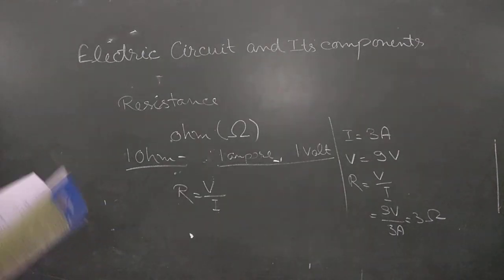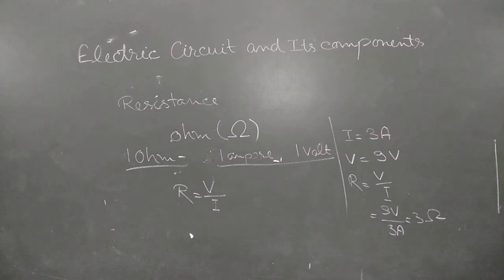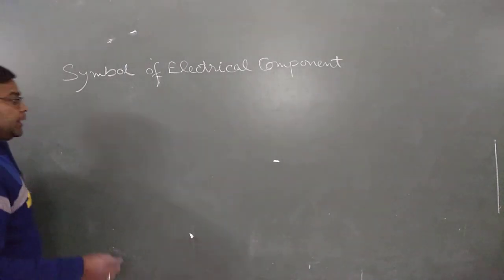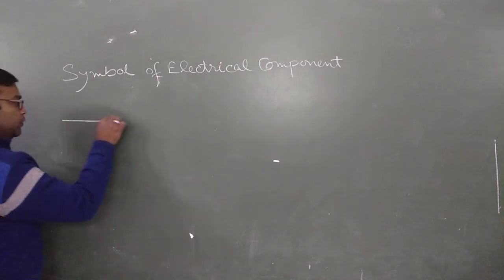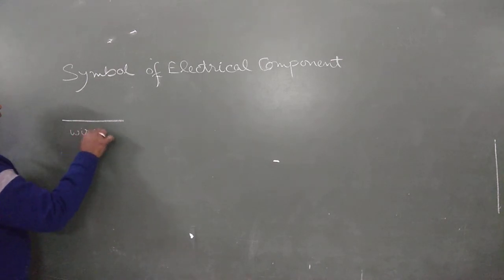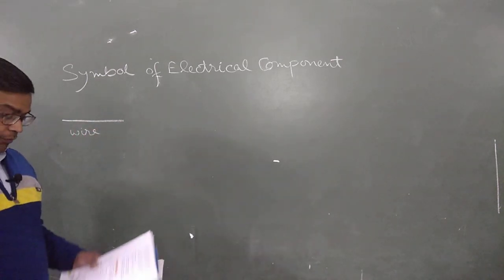Now move to the next topic, circuit. As you are observing on board, now we are going to discuss about symbols of electrical components. First we start from the wire. For a current carrying conducting wire, we use a straight line. This represents the conducting wire, or simply wire of the electrical circuit.